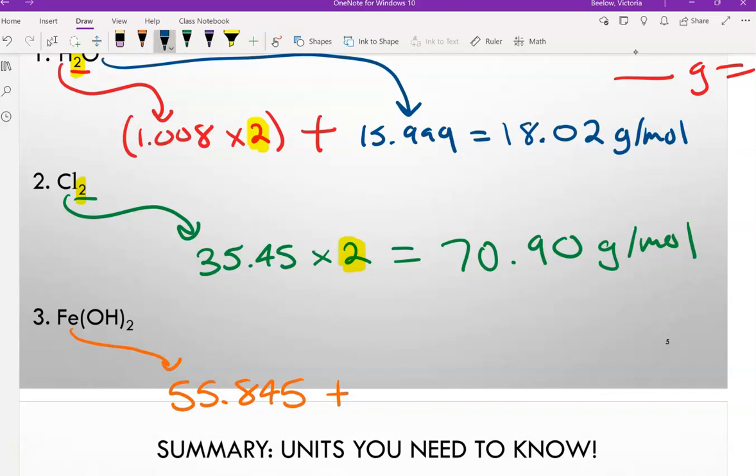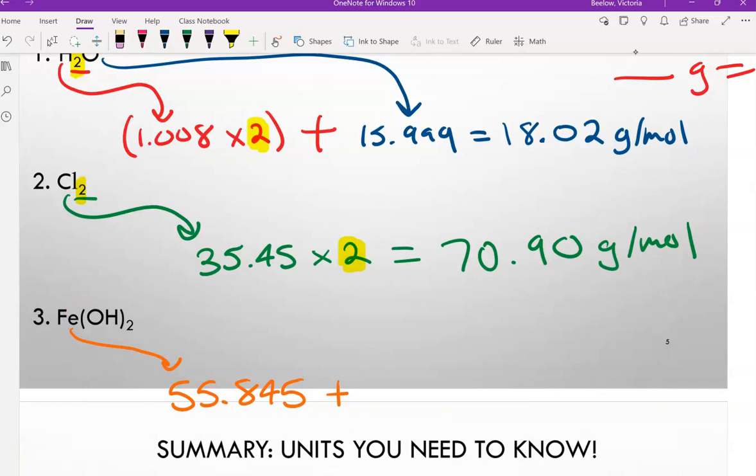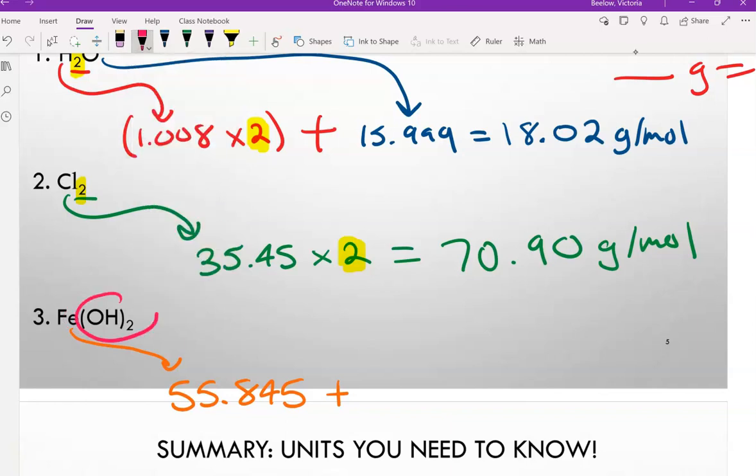Now we're going to move on to our other 2 elements that are in these parentheses here. So I'm going to explain what that is. When you have something that is around parentheses, this is the same thing as saying you have 2 OHs. That subscript gets applied to the entire thing that you have in there.